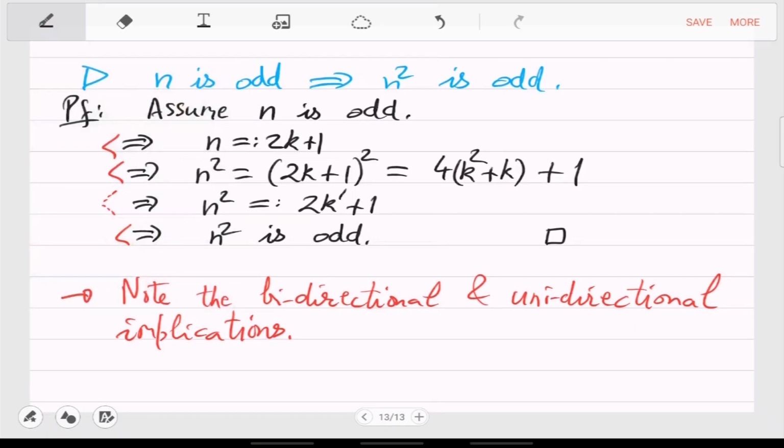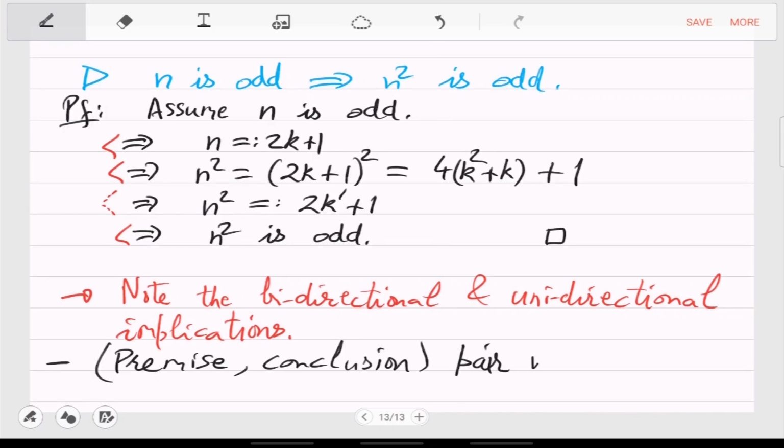This premise and conclusion pair we write as P implies Q. We will use this notation.